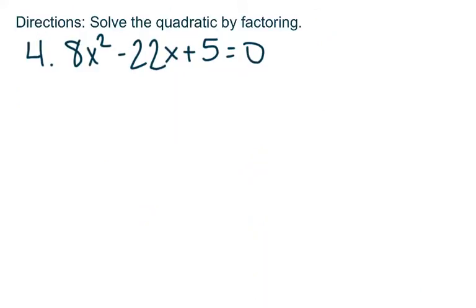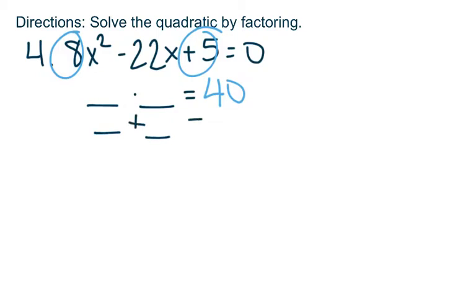Okay. So not a GCF to take out, but because we have a number other than 1 in front of x squared, I'm going to have to do the a times c terms. So when I do 8 times 5, I get 40. I'm looking for two numbers that multiply to give me 40, but they have to add to give me that middle number of -22. Okay, so those two numbers are going to be -20 and -2.